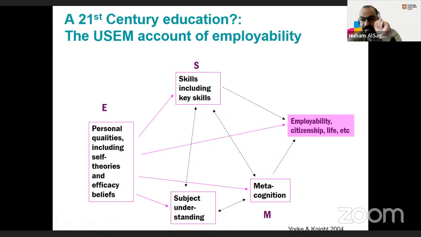This model combines various elements, and this diagram briefly shows these various skills and the intersections between them, moving from the personal qualities of the individual to the skills that are required, to the subject knowledge and expertise, to the metacognition and the employability skills that are required in the market. So the ultimate end to the journey is employability skills.